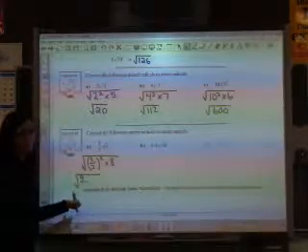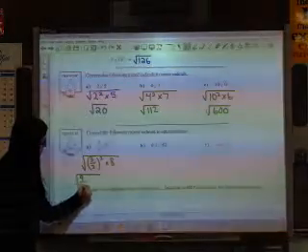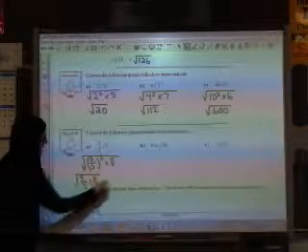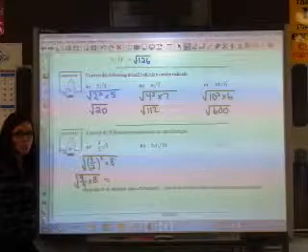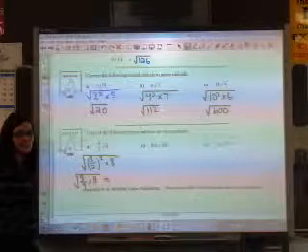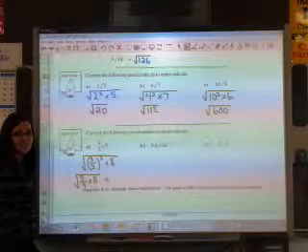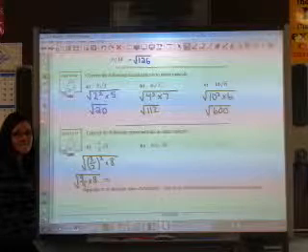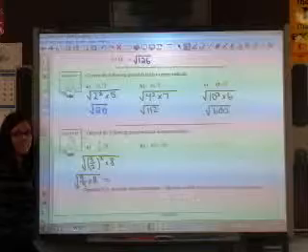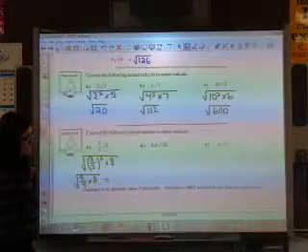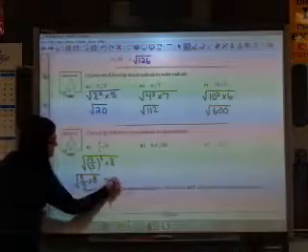Square 2 and I get 4. And if I take 9 quarters and I multiply it by 8, what do I get? 18.